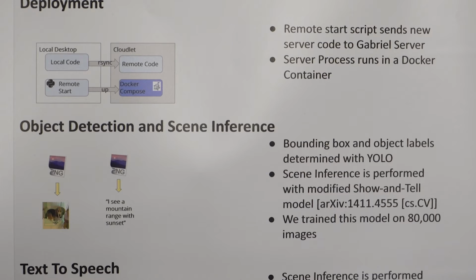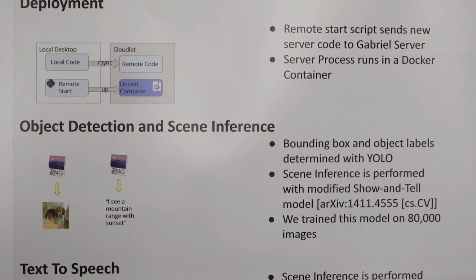And here's the main bread and butter of our implementation: we have a bounding box and object label model that uses YOLO. So that runs in its own thread in parallel. And then we have the scene inference model that is using Show and Tell, and that runs in another thread concurrently at the same time.